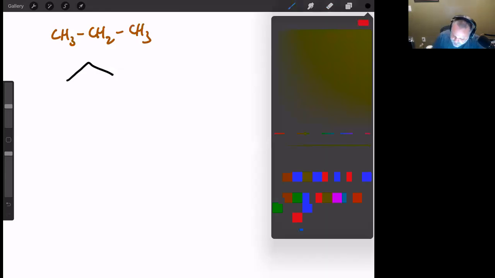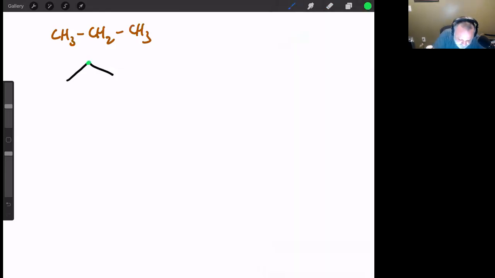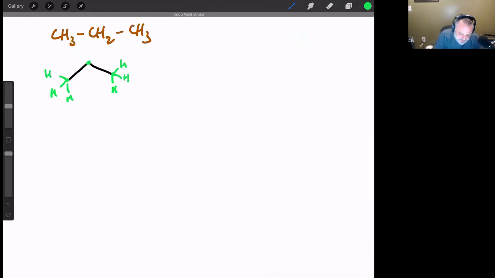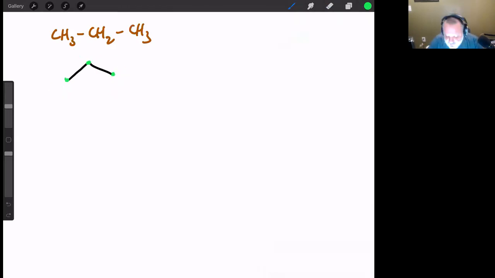Remember that at every single inflection point, there's a carbon. All of those carbons have the number of hydrogens on them that they're supposed to have in order to be neutral: 1, 2, 3, 4, 5, 6, 7, 8. And so those hydrogens don't have to be shown in order to convey the structural information.